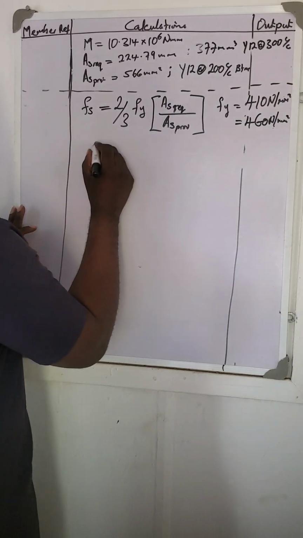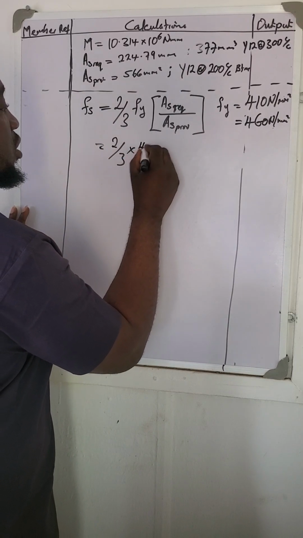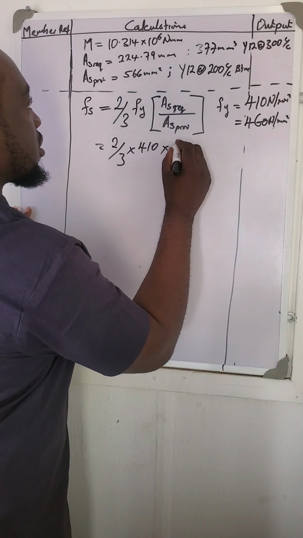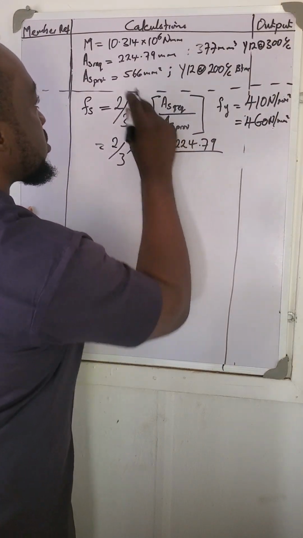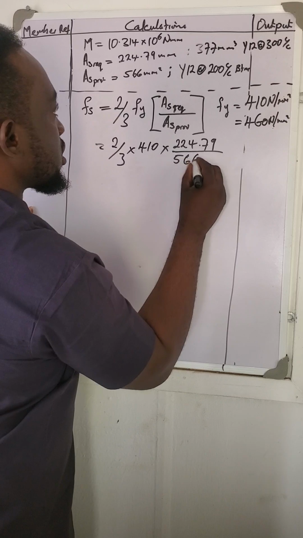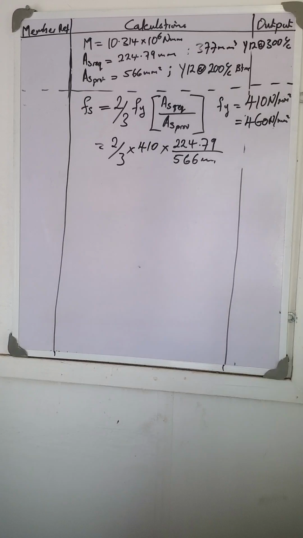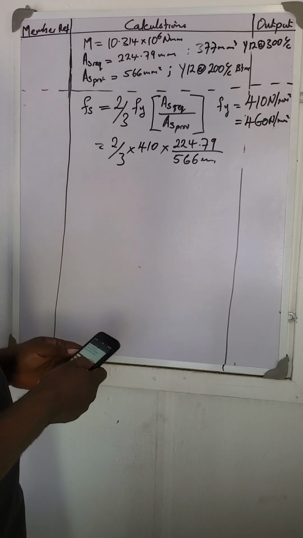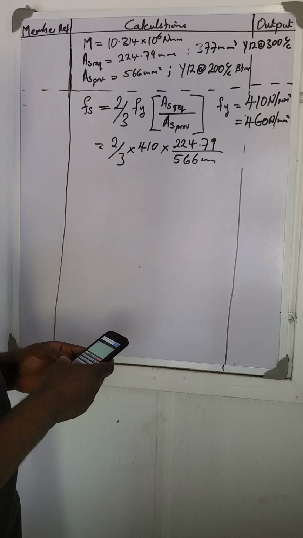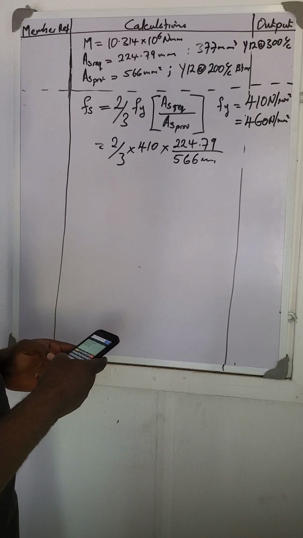Now, this is equal to 2 over 3 multiplied by 410 multiplied by 224.79, that's AS required, over AS provided, 566.66 millimeters. All right. So on my calculator, when you compute this, it's 2 multiplied by 410 multiplied by 224.79, divided by 3 times 566.